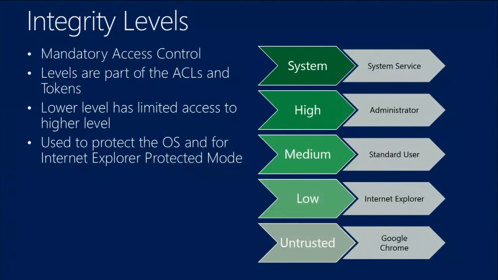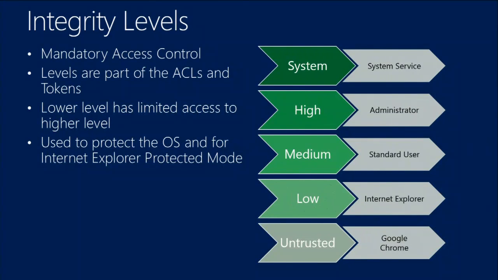Integrity levels. Yes. So user account control is not only about adding groups and privileges to your token when you require elevation, it's also about mandatory access control. Mandatory access control in Windows is implemented in such a way that each and every object, a process, a file, or registry entry gets an integrity level. Higher integrity level processes can make changes to lower or the same integrity level objects.